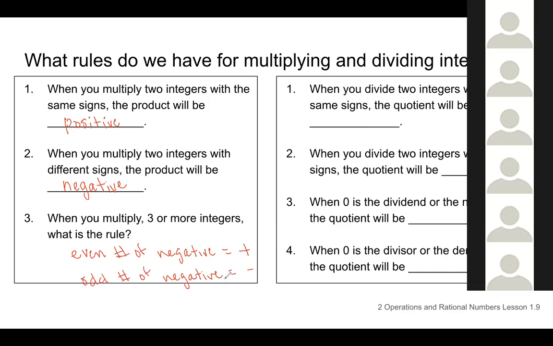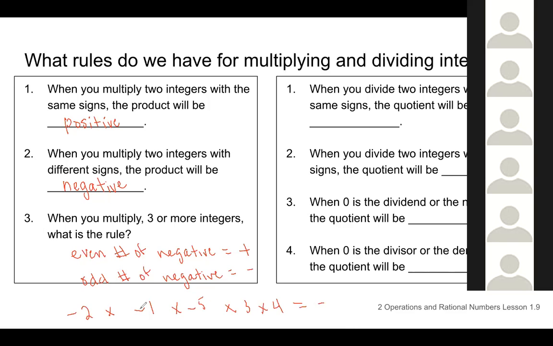So let's say I have 5 numbers being multiplied together. I have -2 times -1 times -5 times 3 times 4. If I count up the negatives, I have 3 of them. That's an odd number of negatives, so my answer is going to be negative.